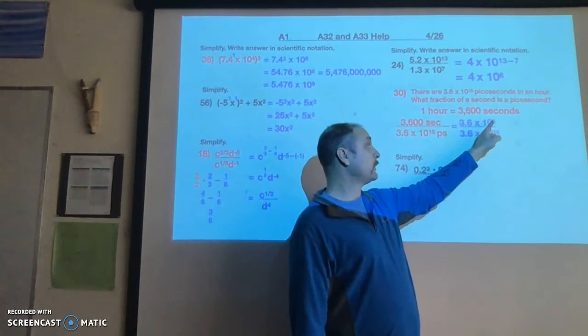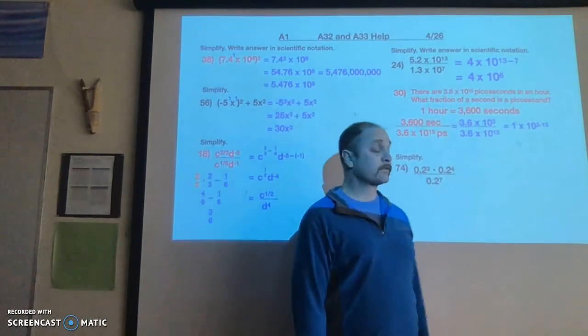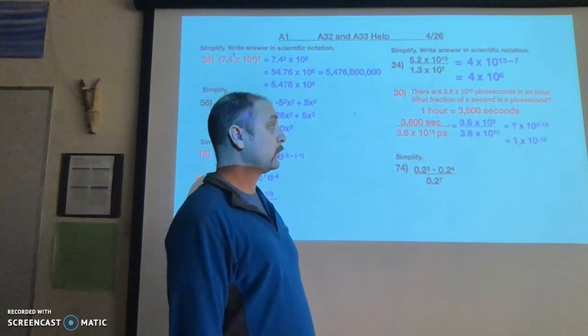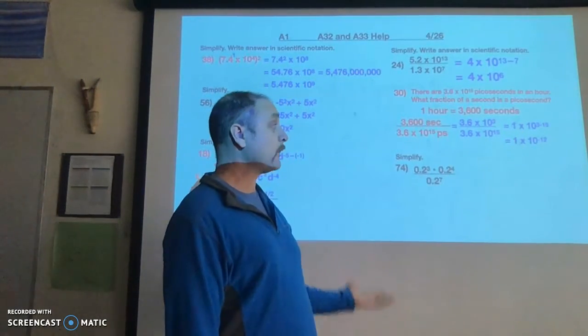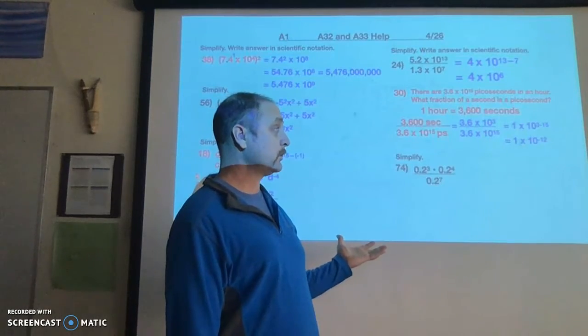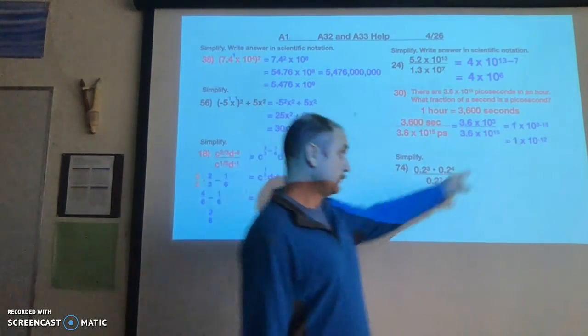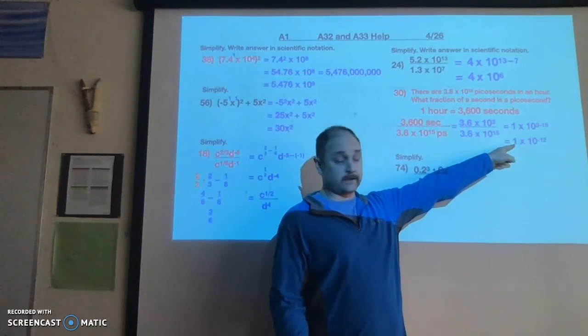And then we're going to do 10 to the 3 minus 15. Well, 3 minus 15 is -12. So we're going to get 1 times 10 to the -12th. Now, that's a decimal with 11 zeros after it and a 1. But we're going to leave it in scientific notation because it's shorter and easier to do.